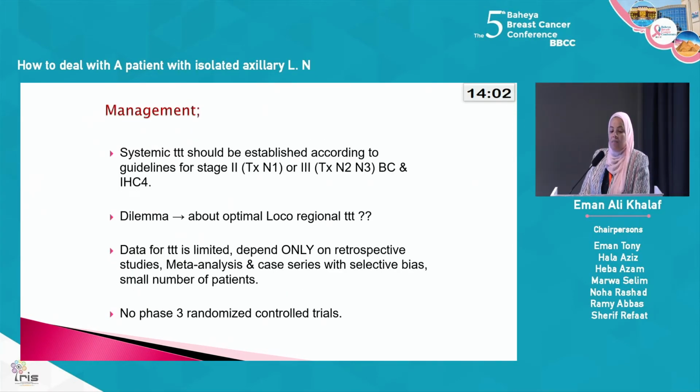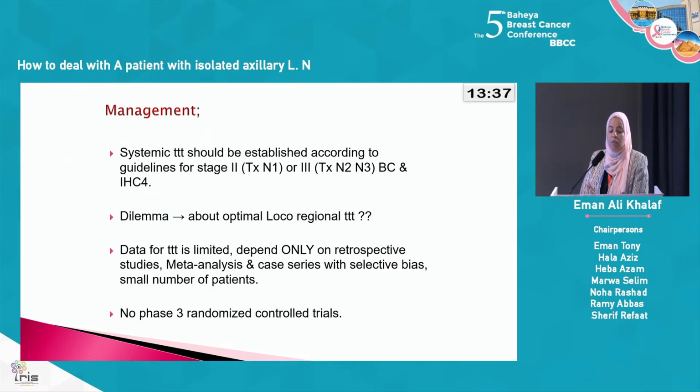The systemic treatment should be offered for such a case the same as the guideline to treat stage 2 and stage 3 breast cancer, and according to the molecular subtype, being triple negative, HER2 positive or luminal disease, we will treat this patient as stage 2 or stage 3 breast cancer. But what about the optimal local regional treatment? We have a big dilemma about this point.